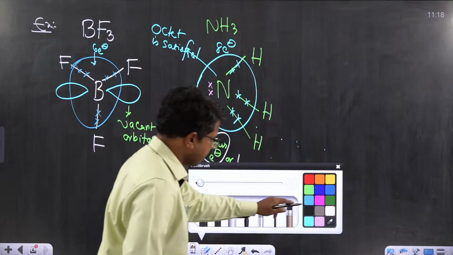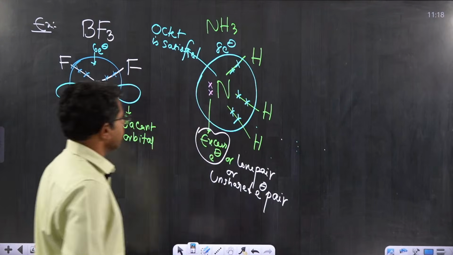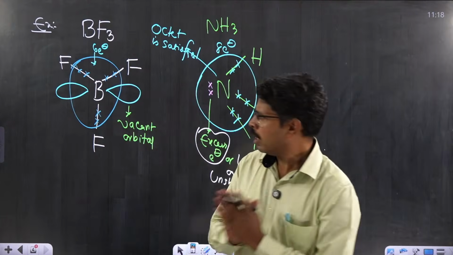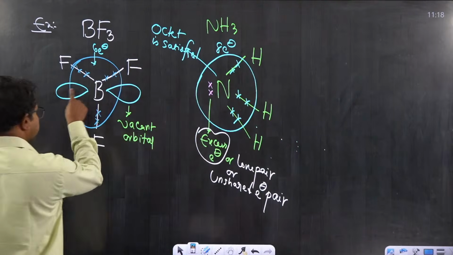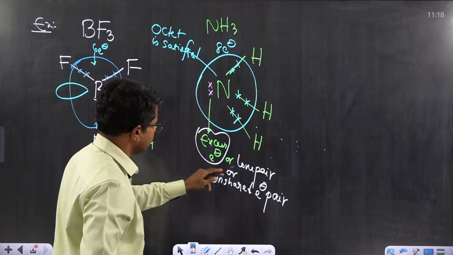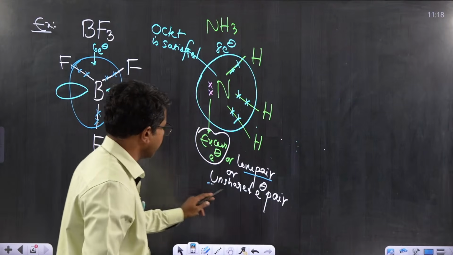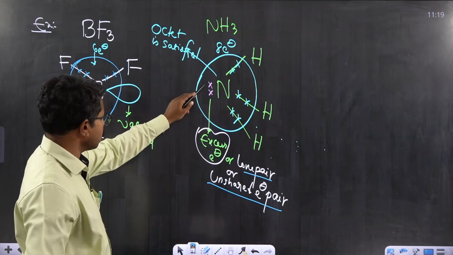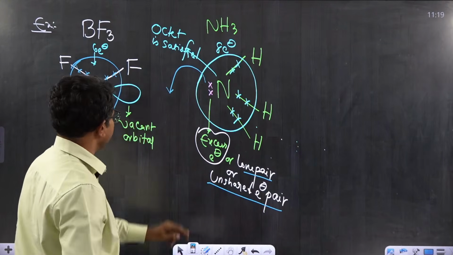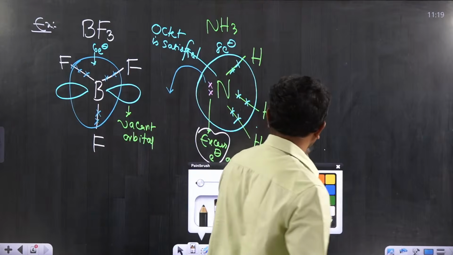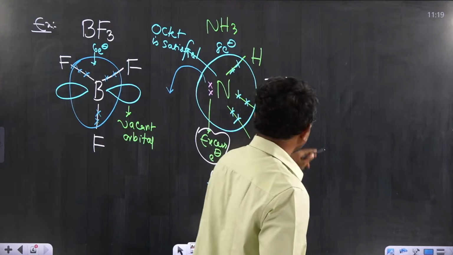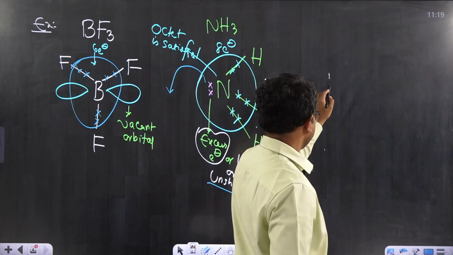Now, I think the two conditions required for the formation of a coordinate covalent bond have been satisfied, right? One of the bonded atoms has a vacant orbital, the other atom has excess electrons, I mean a lone pair or unshared electron pair. Now, if the nitrogen can provide its electrons for bonding between the two atoms, then we can expect the dative bond formation between nitrogen of ammonia and boron of BF3.